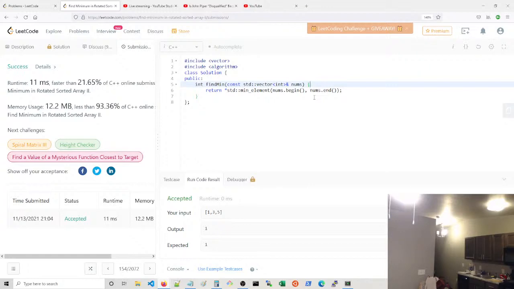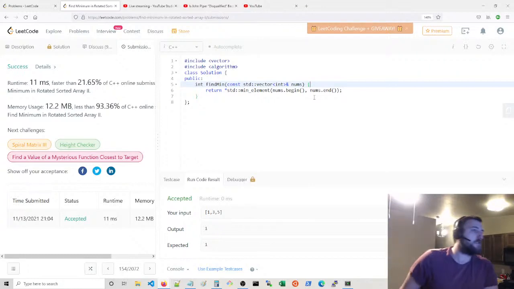So actually, you can do this. You could check the first element and the last element against each other, right? If you're totally sorted, the first element will be smaller. If you're not sorted, though, the first element should be larger, right? And the reason is that the first half of your array is going to be on the right side.